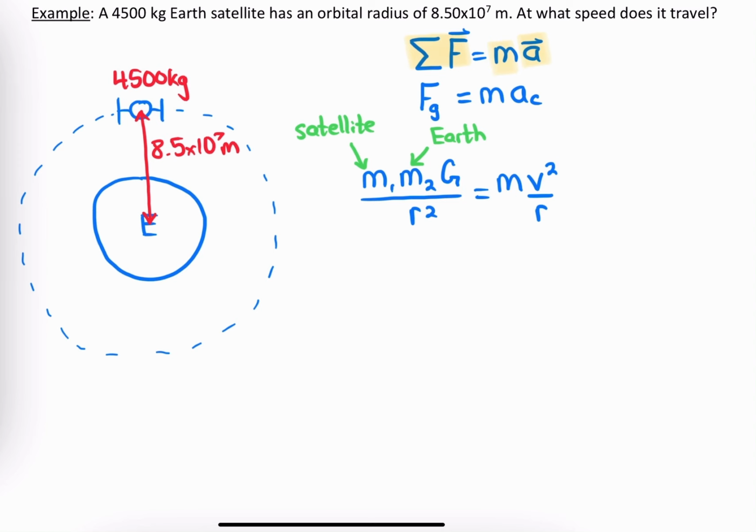So what is the object that's accelerating, that's having these forces on it? Well, in this question, it's the satellite. The satellite is the thing moving in a circle, so the satellite is the thing that is accelerating. So the satellite is the thing that we need the mass for. There. So this m is the mass of the satellite.